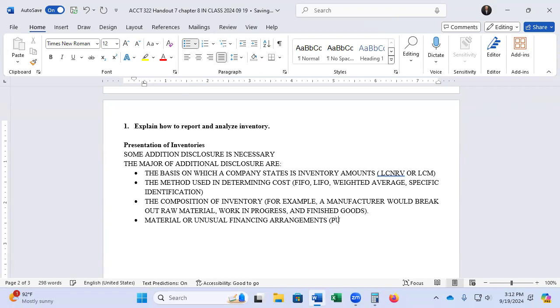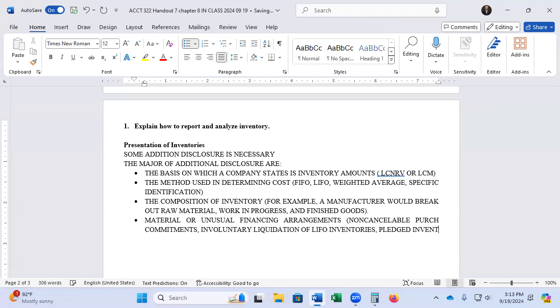And so what are some of these examples? These would be non-cancelable purchase commitments, involuntary liquidation of LIFO levels or LIFO inventories, pledged inventories, or financing, product financing.